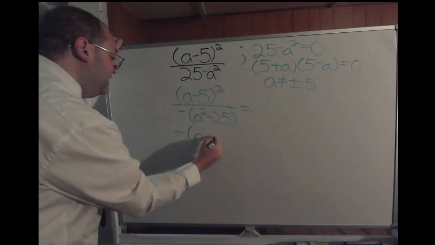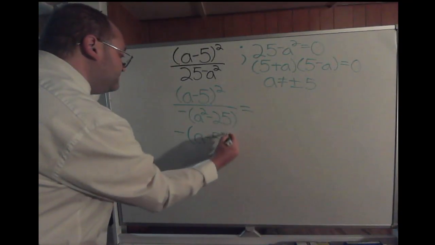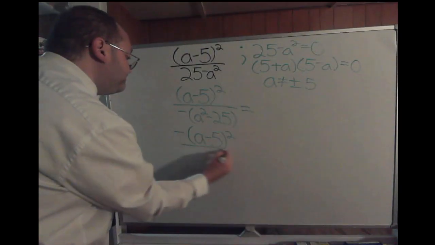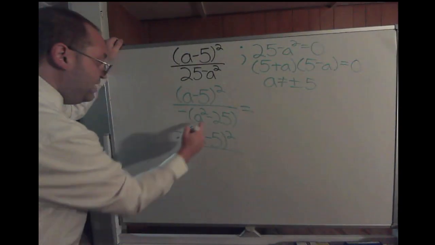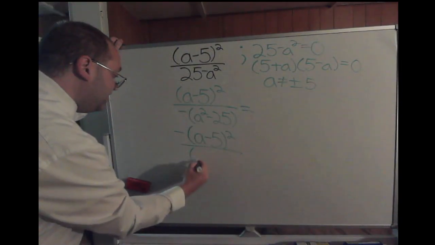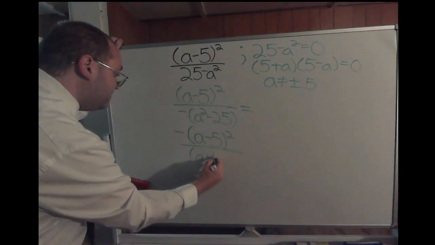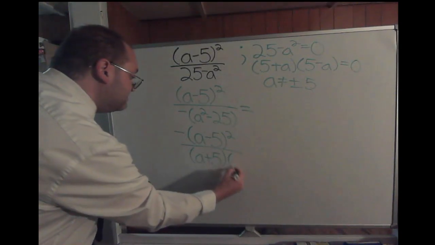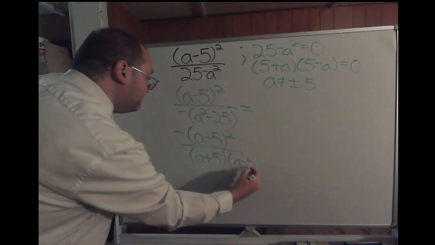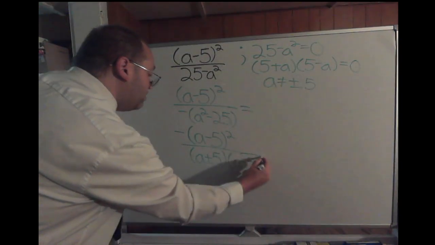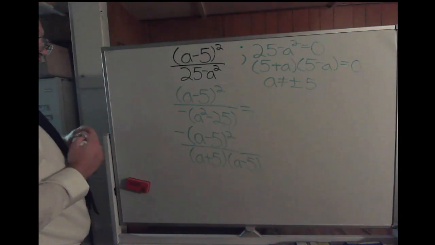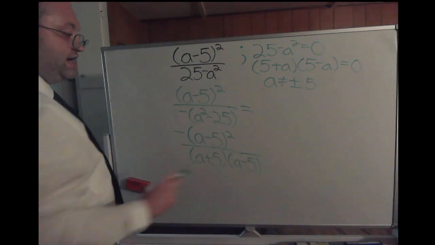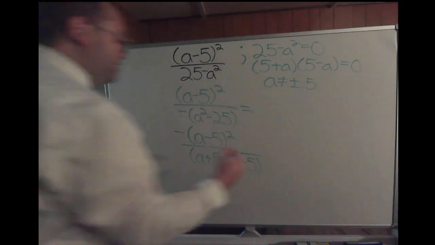You'd have negative of the quantity of a minus 5 squared over a squared minus 25. That gives you a plus 5 quantity times a minus 5. Plain to see there's a common a minus 5 between the numerator and denominator.